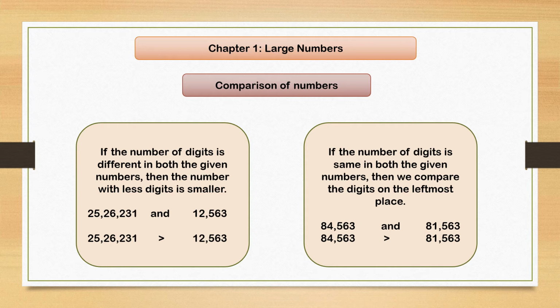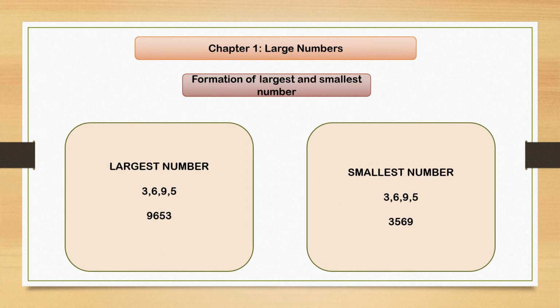Here, if you compare the leftmost digits of both the numbers, we have the same digits up to the place of hundreds, that is 5, 6 and 3. We will move to the digit on the thousands place. In the first number we have 4 at the thousands place and in the second number we have 1. So we all know that 4 is greater than 1. So 84,563 is greater than 81,563.